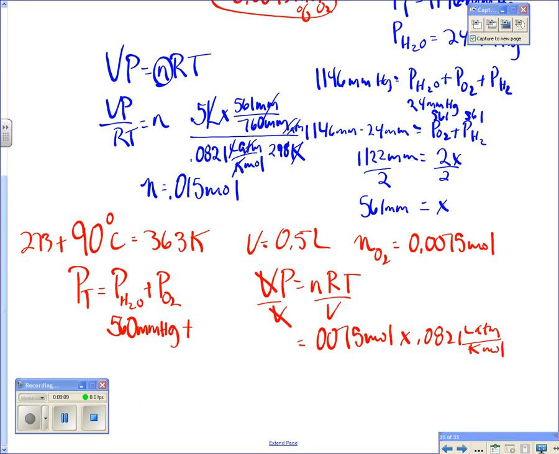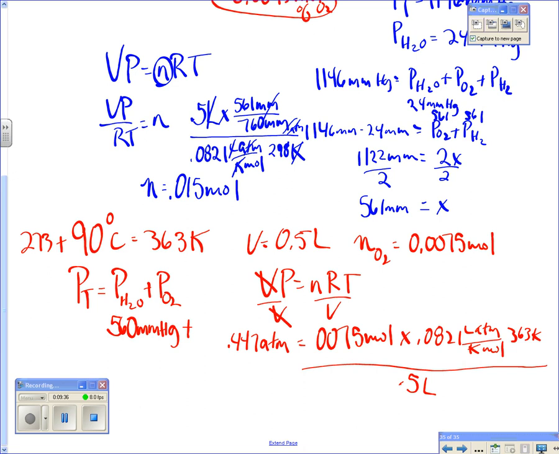My T was 363 Kelvin. And I know that V is still 0.5 in that rigid container. So when I work all that out, my pressure is 0.447 atmospheres.